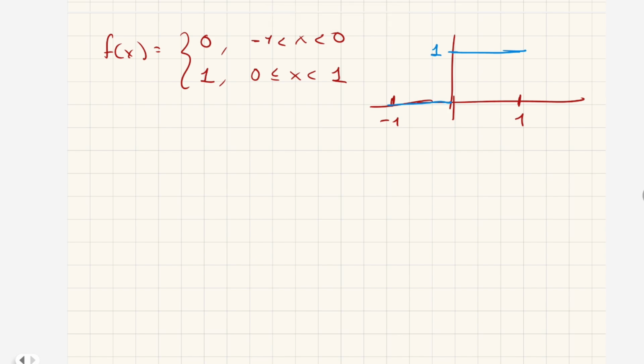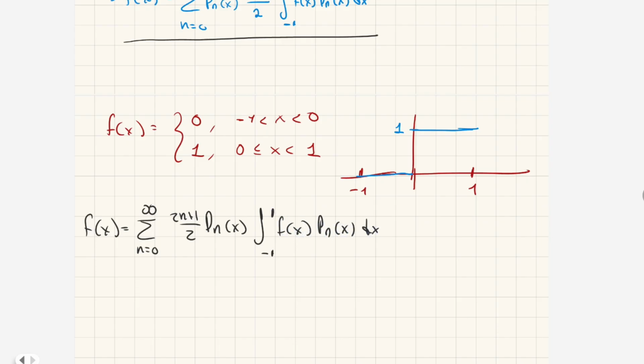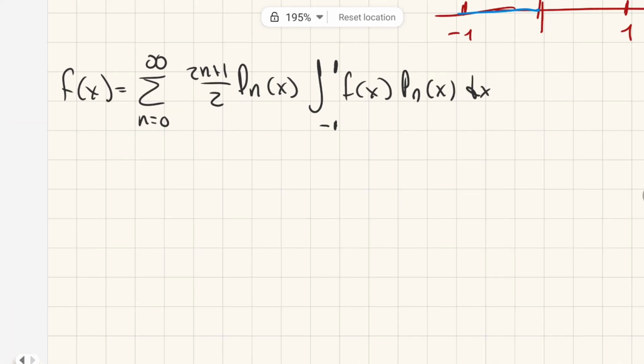Okay, perfect. So if we use the formula that we just found, we will have that f of x equals the sum from n equals 0 to infinity of 2n plus 1 divided by 2 p sub n of x, the integral from -1 to 1 of f of x p sub n of x dx. And we are going to develop just the first 4 elements.